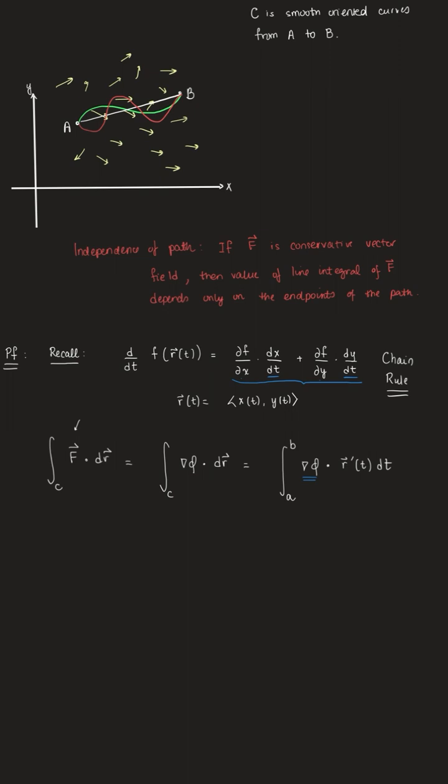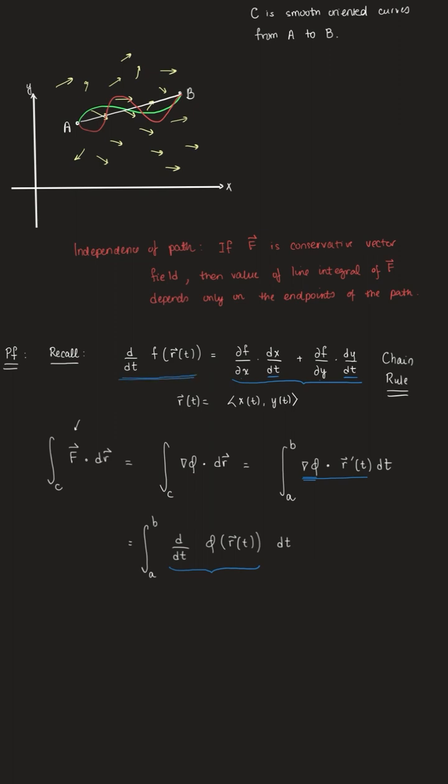So I can rewrite this as the derivative with respect to t of phi of r of t by the chain rule, dt. Right, so here's where I'm using the chain rule. The derivative with respect to t of this thing is in fact d phi dx times dx dt plus d phi dy times dy dt. And that's exactly this dot product. And so that's the derivative of the composition.